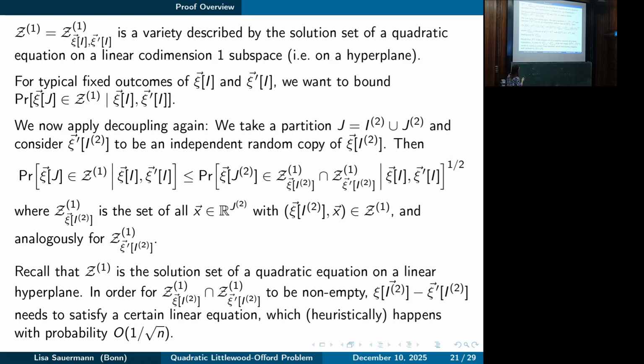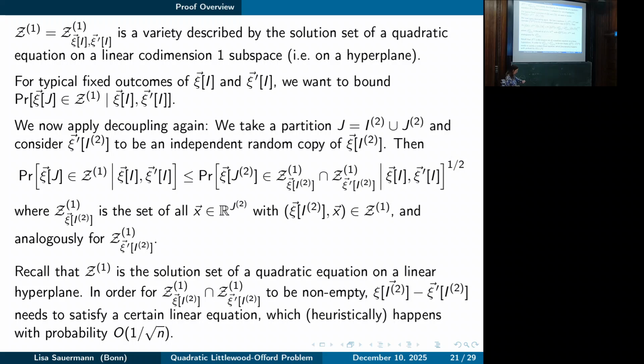And if it's empty, then the probability that this is inside it is of course 0. So in order to have some non-zero probability here and a non-empty intersection here, we need those two hyperplanes, because they're parallel to each other, to coincide, and that exactly translates to a certain linear equation for those two. We don't want to spell out what it is, but we can analyze it because it's a linear problem, and we know by the Littlewood-Offord theorem that it happens with this probability, at least if we have the natural non-degeneracy conditions.